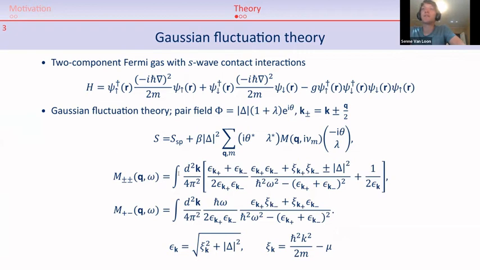The main difference is that you get a 2-dimensional integral now instead of 3 dimensions, with here psi_k the energy of the free fermions, and epsilon_k the energy of the quasi-particles. Maybe the most important feature here is that you can see that there's this branch cut in this M matrix that starts at the 2-particle continuum.